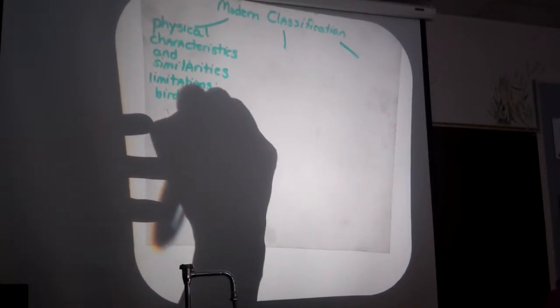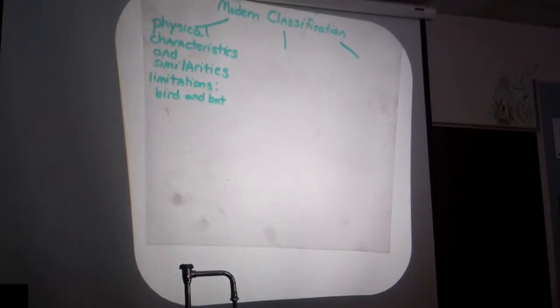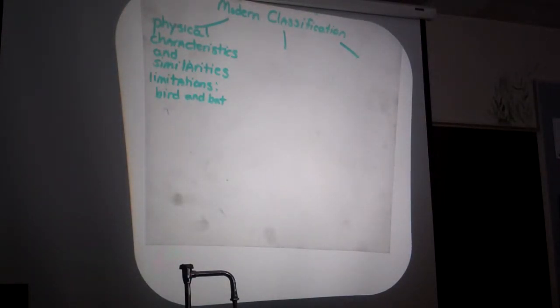Think about a bird and a bat. I realize up close, they look very different. But I don't know about you guys, when it's dusk at night and I look up at the sky and see all these bats flying above me, they really have a very similar structure to a bird in a lot of ways. You kind of have to look closely.